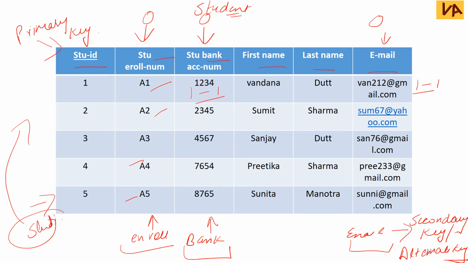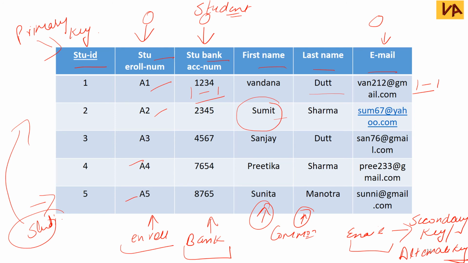There is no meaning in first name and last name, because these are common attributes where the data can be duplicate, or the column can be empty.